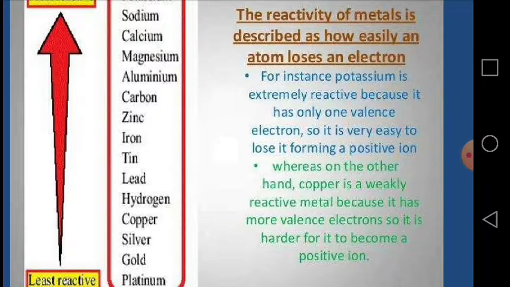For instance, potassium is extremely reactive because it has only one valence electron, so it is very easy to lose it, forming a positive ion, whereas copper is a weakly reactive metal because it has more valence electrons, so it is harder for it to become a positive ion.